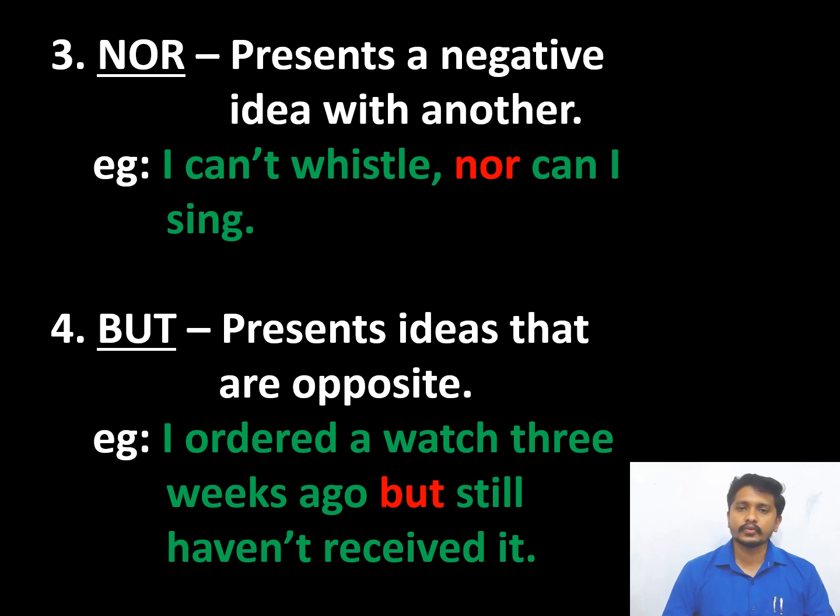Then only we can use a comma. So here one independent clause is there but another one is a phrase, so we don't want to use a comma there. I ordered a watch 3 weeks ago but still haven't received it.